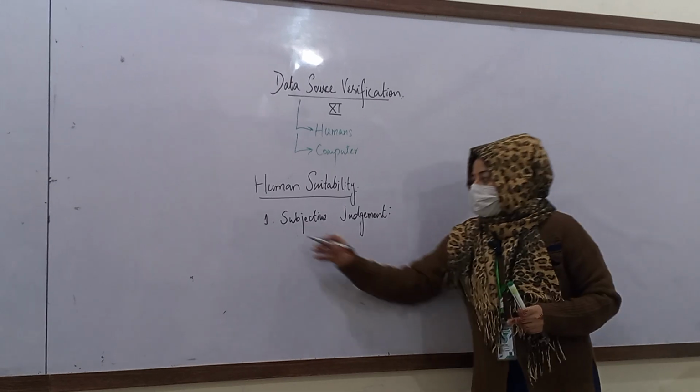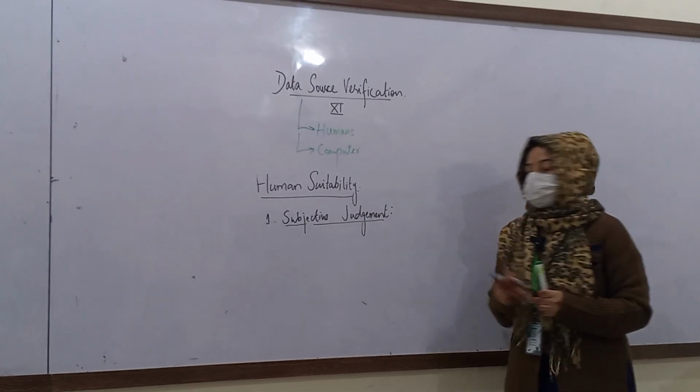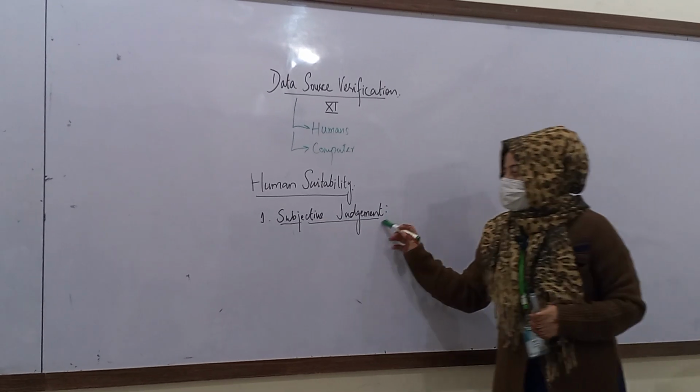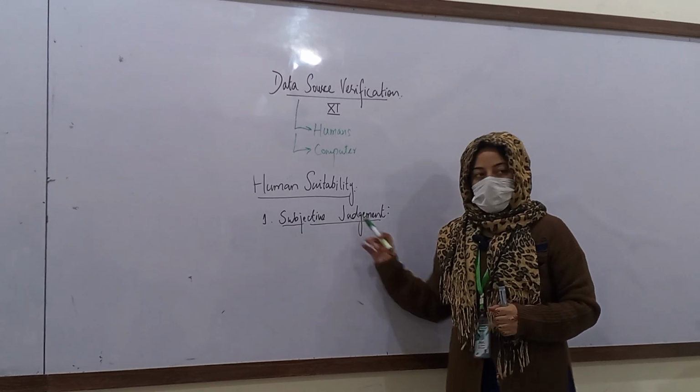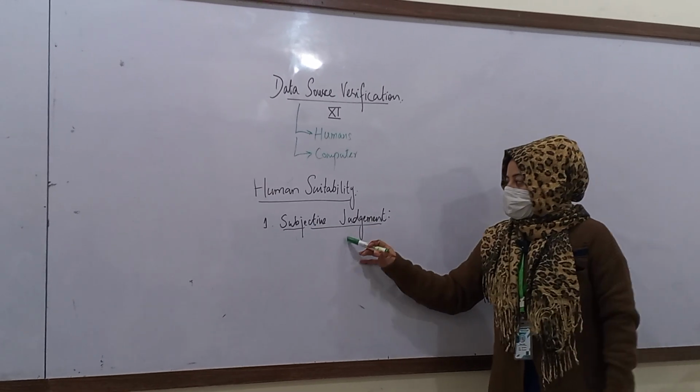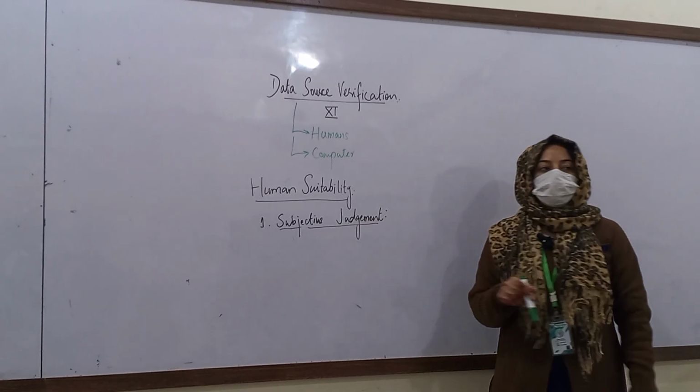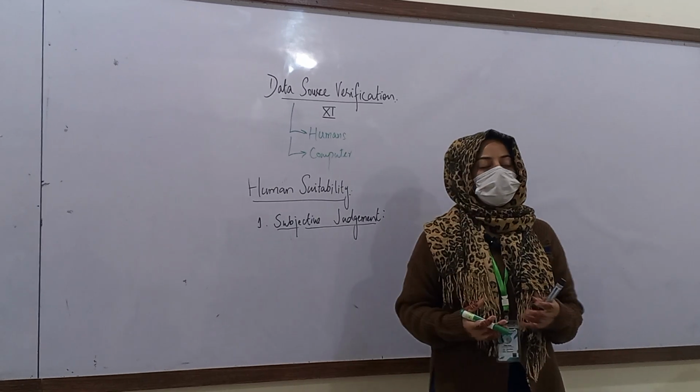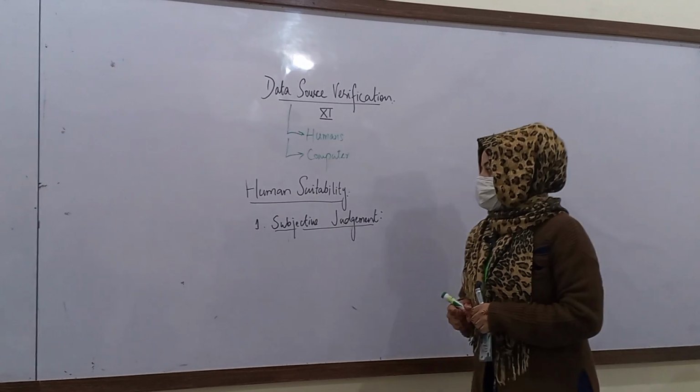What is subjective judgment? First we need to understand this phrase. Subjective judgment is that procedure in which we have to decide the interpretation or actual meaning of the text. Right?